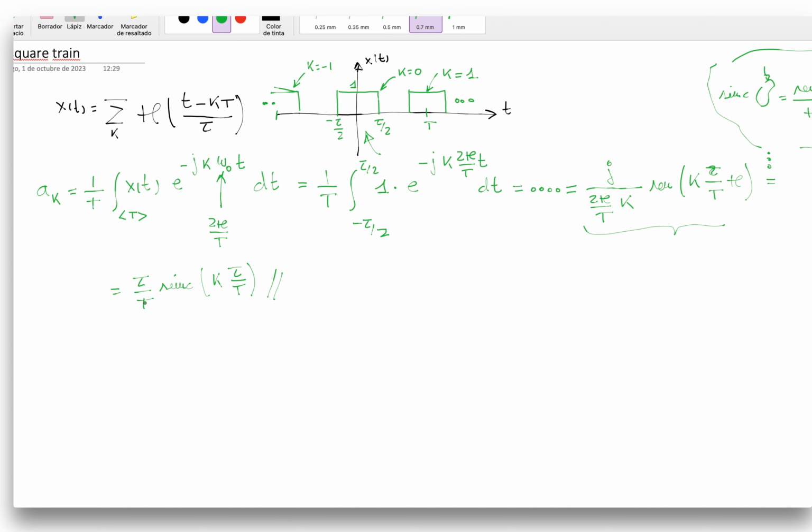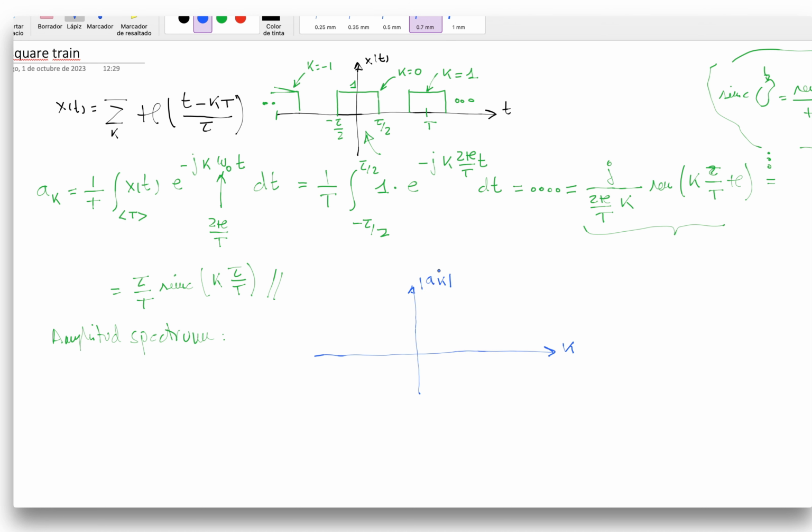Okay, but let's go a bit further, and let's plot the amplitude spectrum. Remember that the amplitude spectrum is drawn as a function of k, the modulus of the coefficients a sub k.